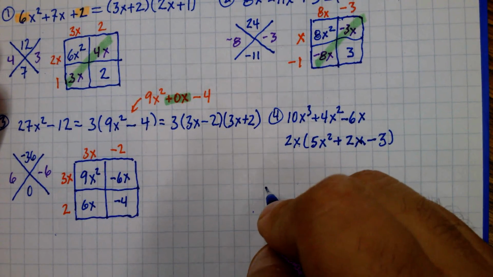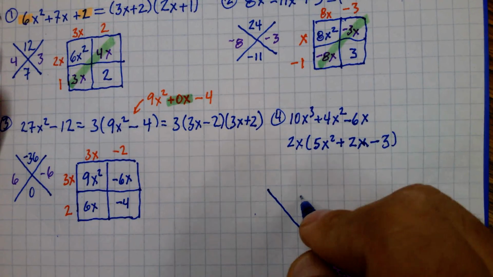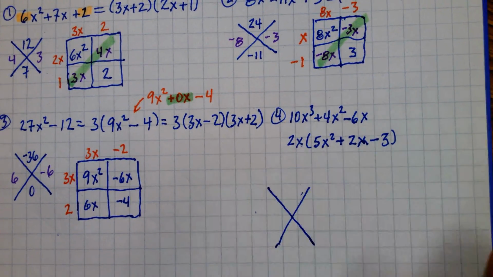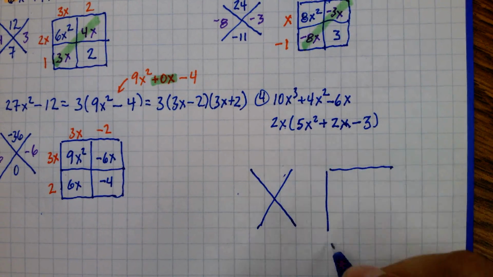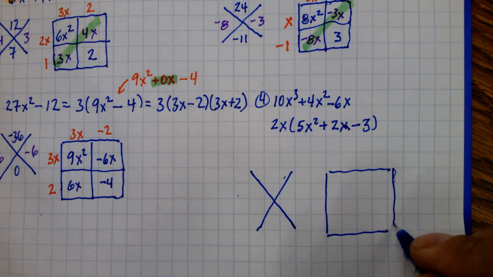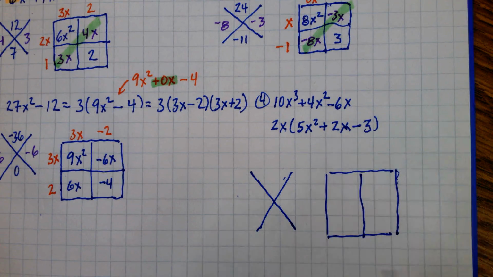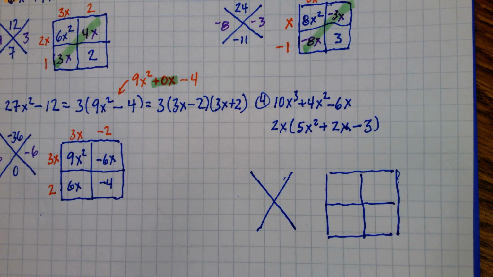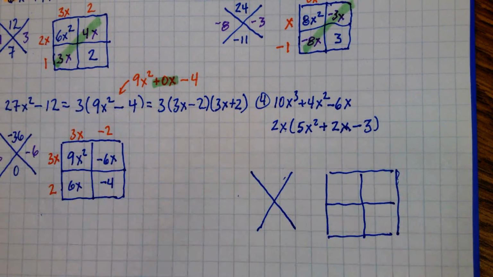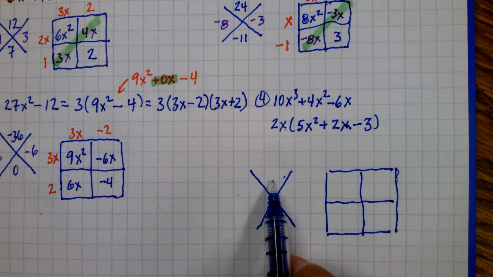So here we go. That's going to go there. And here we go. So we're going to work with this. What number do we want up here?